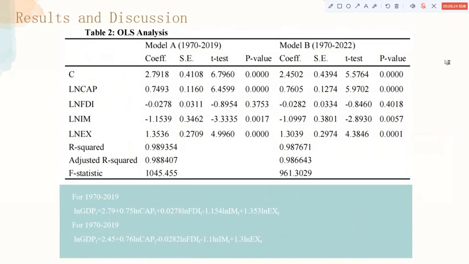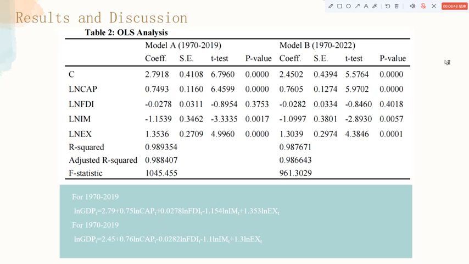To study the impact of the COVID-19 pandemic, we compare Model A and Model B. Both Model A and Model B have a high R-square and adjusted R-square, indicating that the overall fit of the equation is good. However, from the t-test of each independent variable coefficient, only the coefficient of log FDI is not significant.